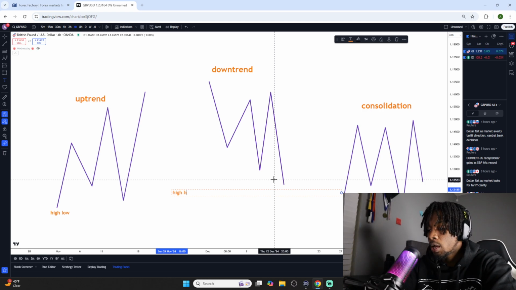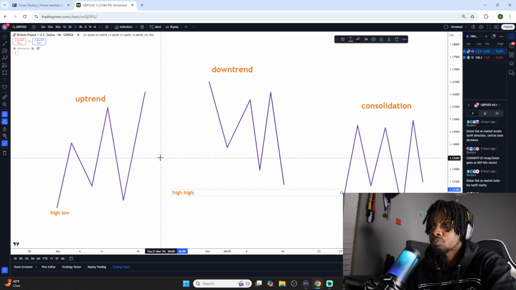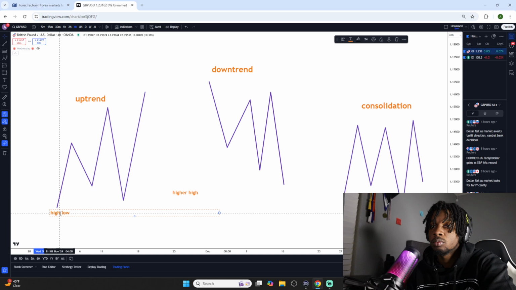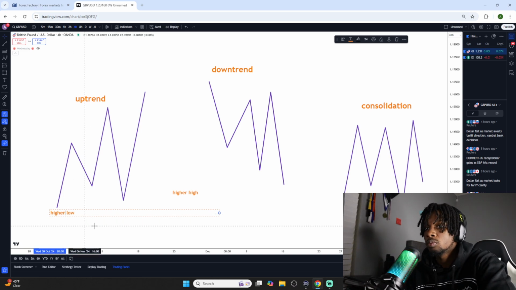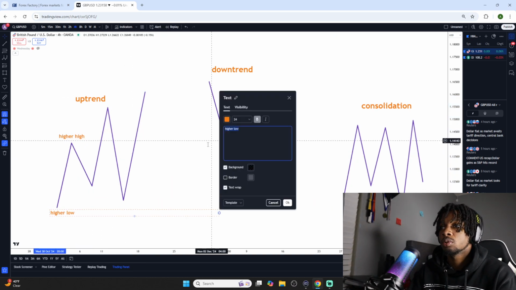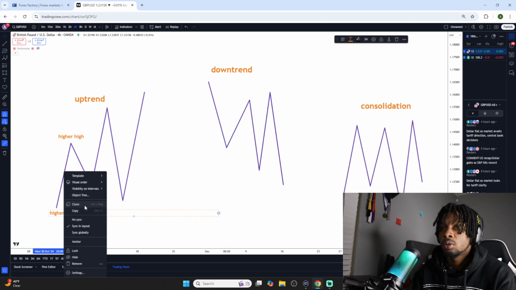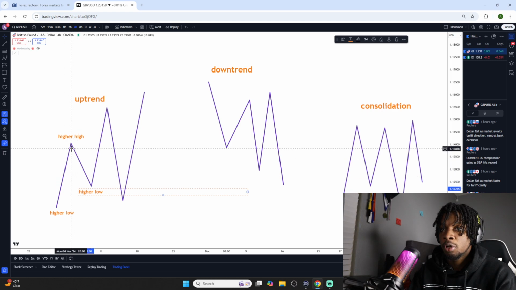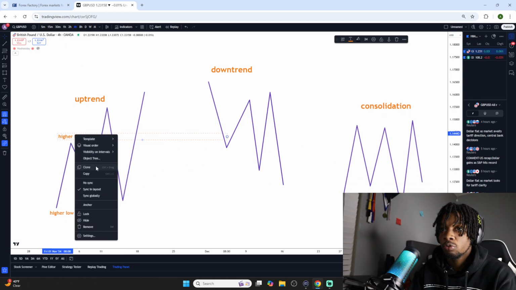That's a high too. Same thing with this one. This came down. I'm in an uptrend, so this is a low, higher high, and so on and so forth.